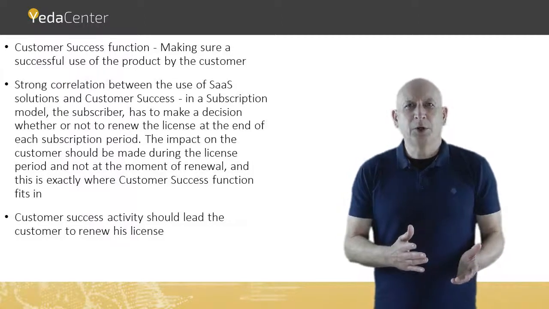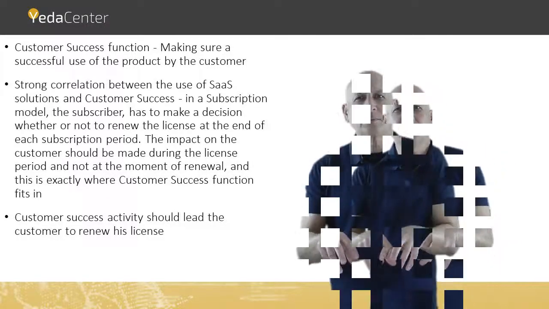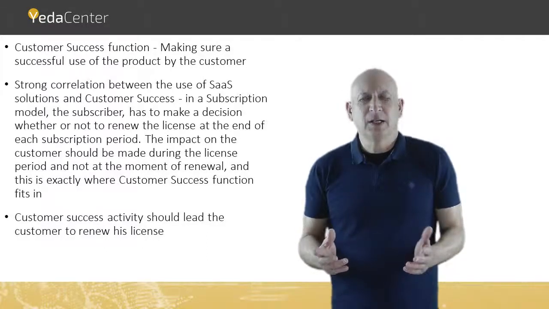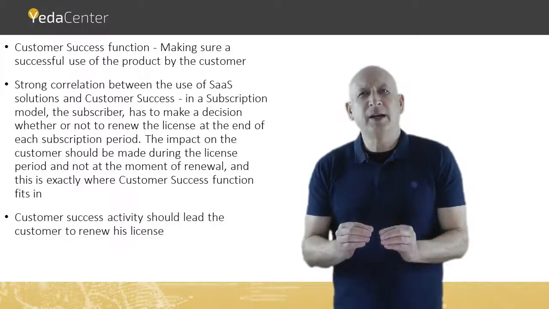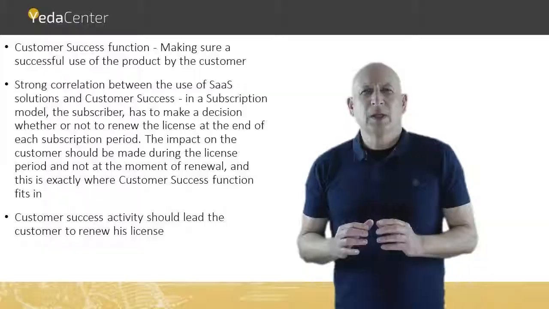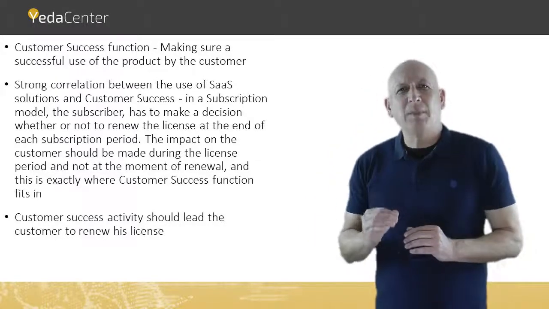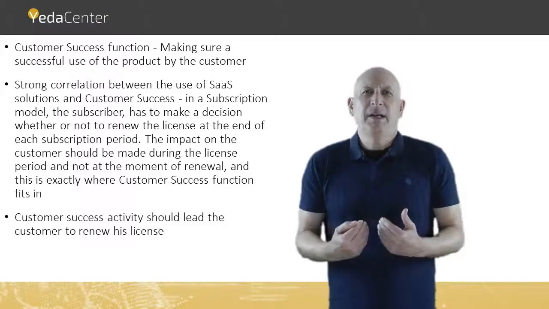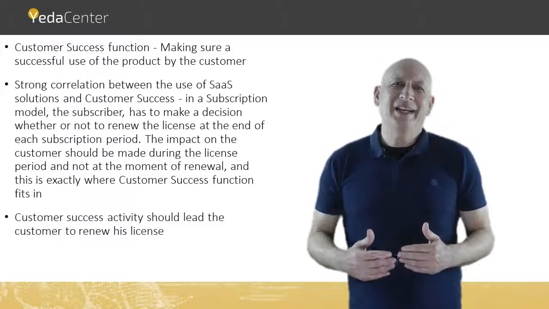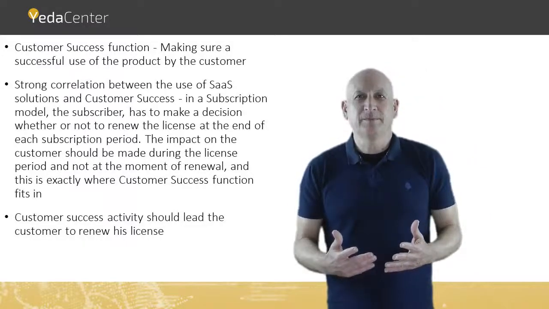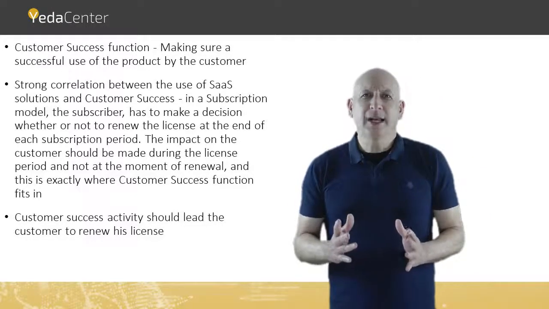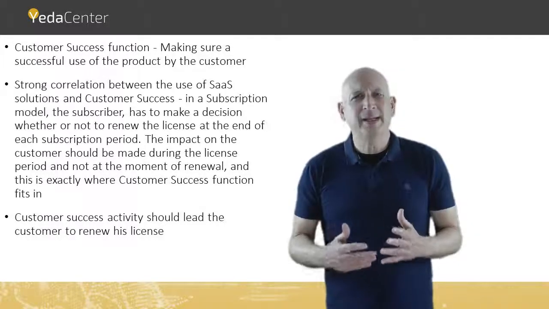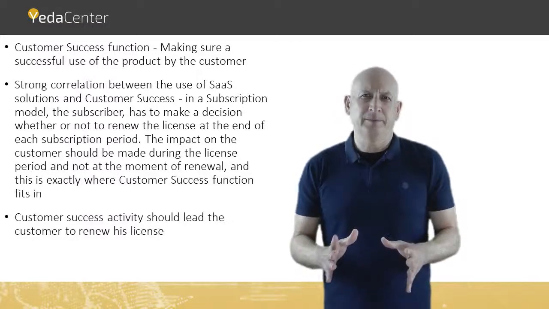From the vendor's point of view, this is the point in time where he potentially may lose a customer. This is a critical time from both sides. If the vendor wakes up at the end of the year, just as I as a customer am required to pay again for another subscription period, that might be too late if I had some concerns, complaints, etc. during that 1 year.